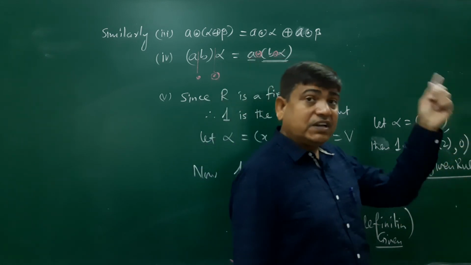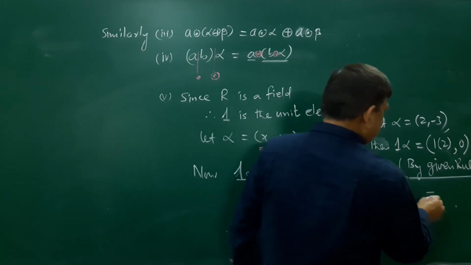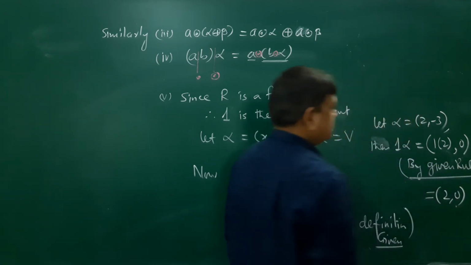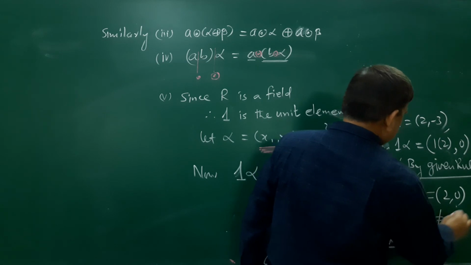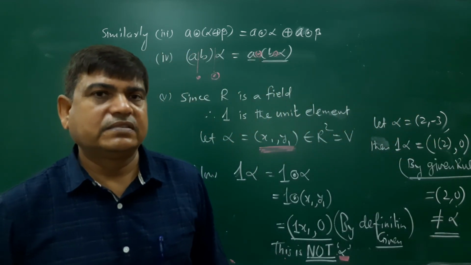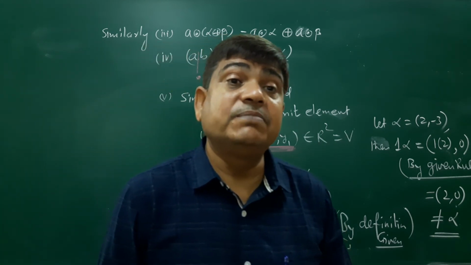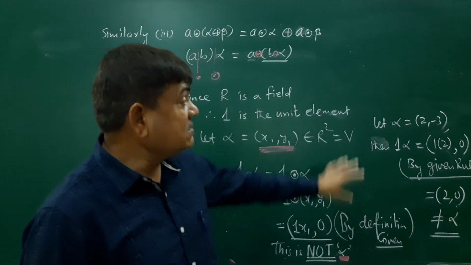The second member is 0 according to the given rule. That's why it is 0. And this is 2 comma 0, which is not equal to alpha. You can see. Nine properties are satisfied, but the 10th one has failed here.